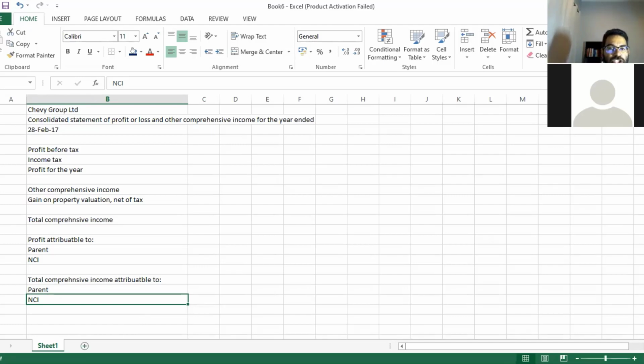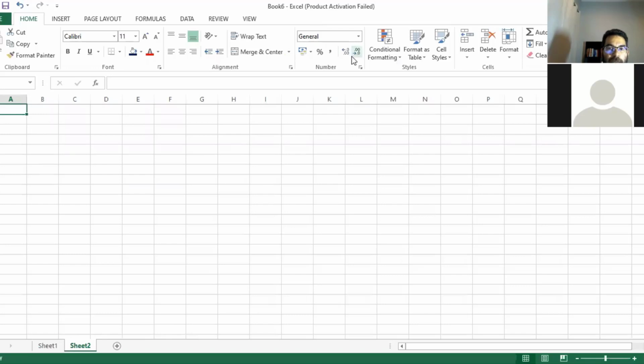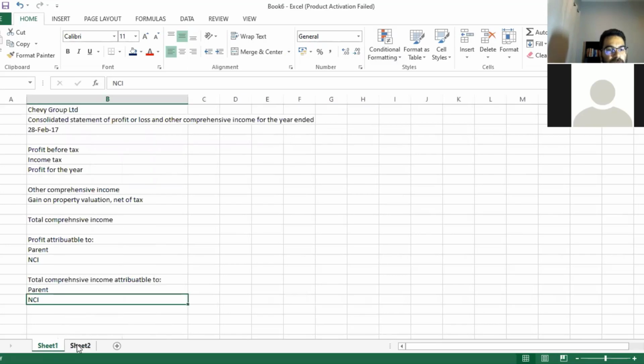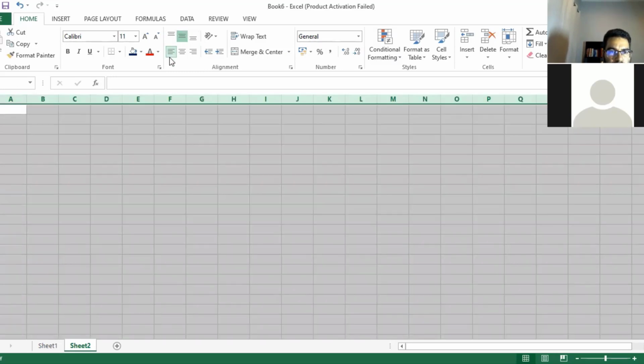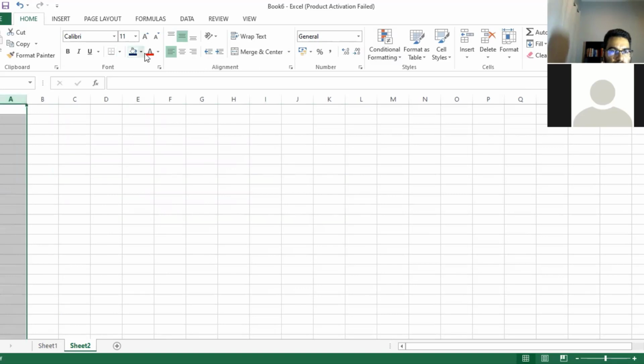So I'm going to have a new sheet to work out my workings. Here, working one. How I do it, I do a separate profit calculation for each entity.